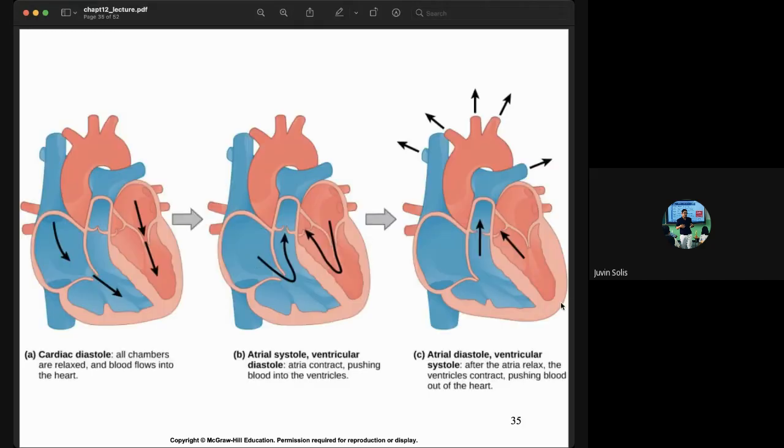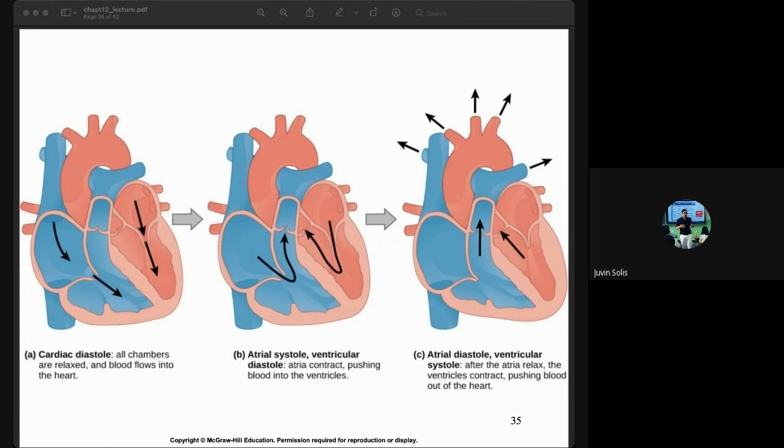Okay, so let's see this illustration. This is the cardiac diastole. You can see here, all chambers are relaxed and blood flows into the heart. Naka-relax lang ito. While here, this is what we call your atrial systole, and then your ventricular systole. What is happening here is atria contract, pushing the blood into your ventricles. And the next one, letter C, your atrial diastole, and then your ventricular systole.